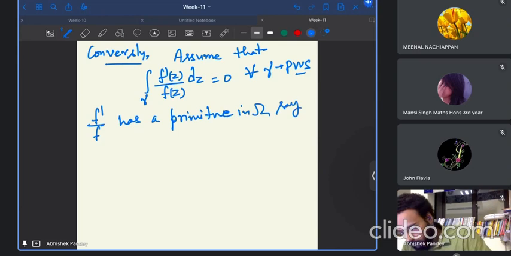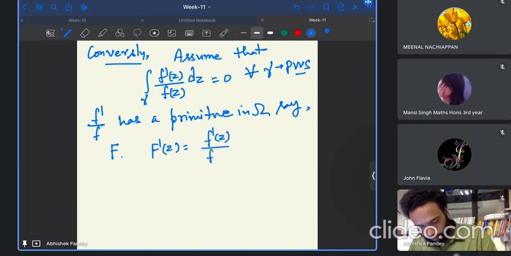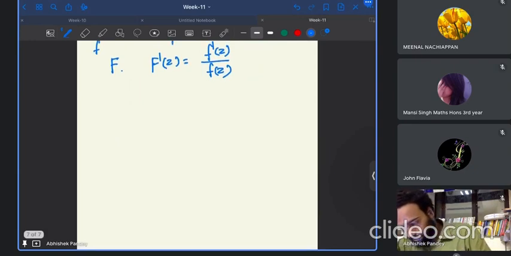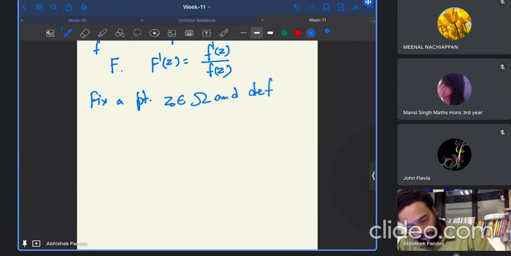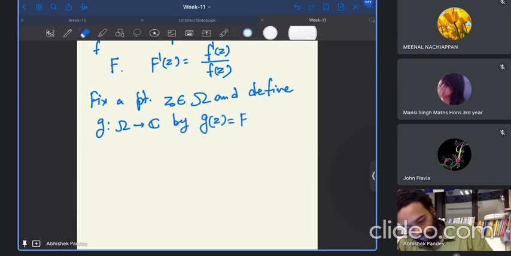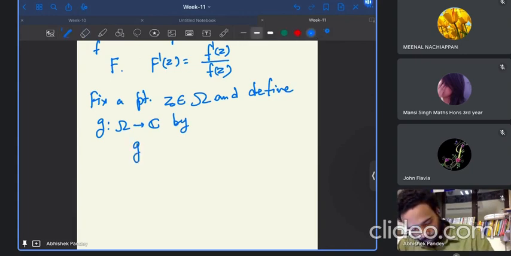Let us say, let us just call it capital F. Okay, so that is F dash z is f dash z upon f(z). Okay, so fix a point z naught belonging to omega, and define g from omega to C by g(z) is F(z) minus F(z naught) plus log of f(z naught).